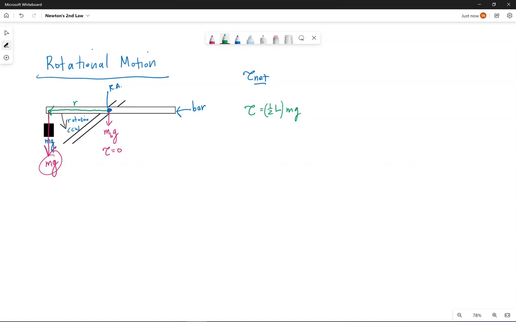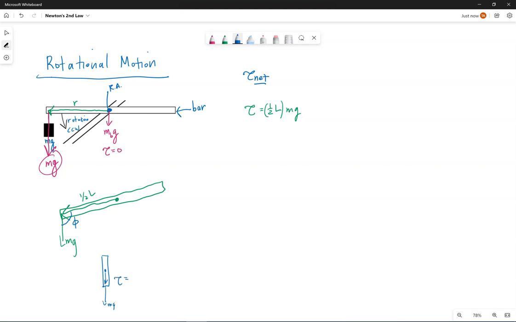Now, if you happen to remember, as the bar rotates, r is still half the length of the bar overall. mg still points downwards, but the angle is going to get bigger and bigger, until eventually the rod or bar will be vertical, the mass will be straight down.